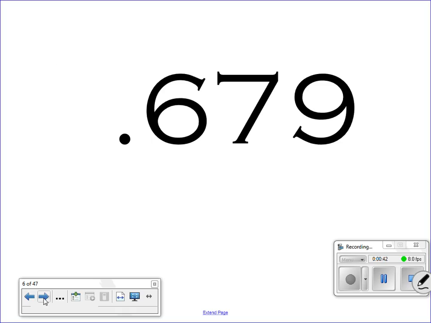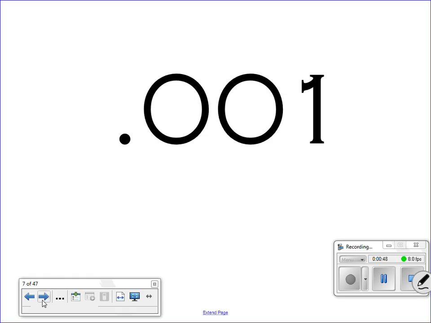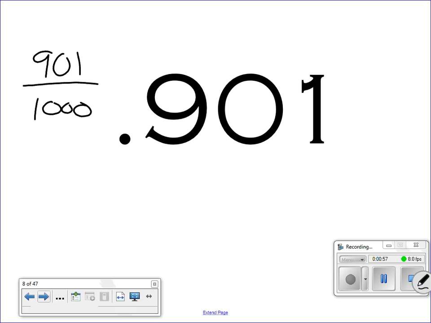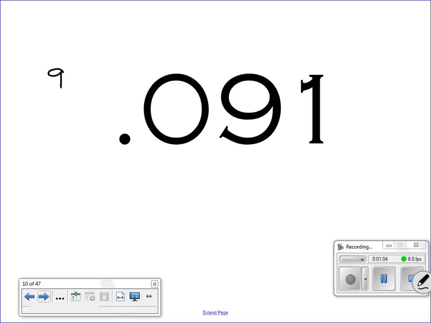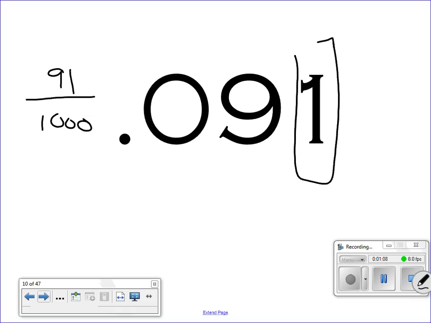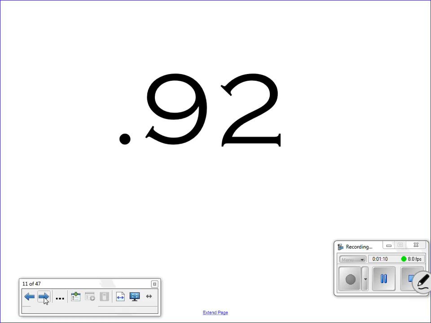And these are simple, kids. 679 thousandths. 1,000ths. 901 thousandths. 12 hundredths. 91 thousandths. You have to keep in mind what place value the last number is in. 92 hundredths.